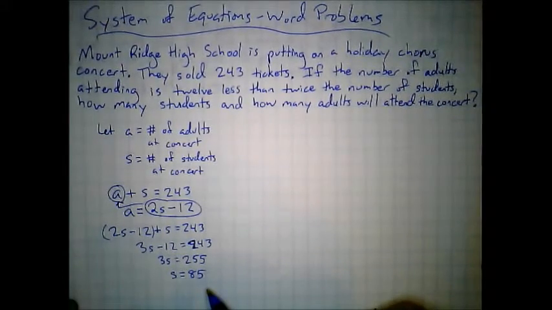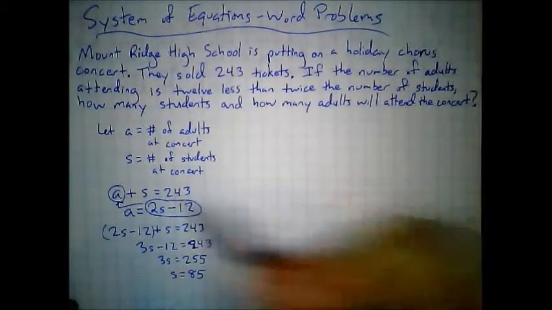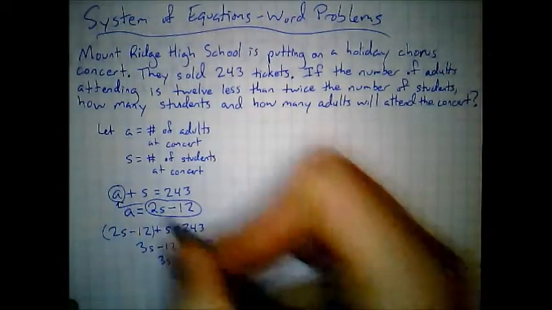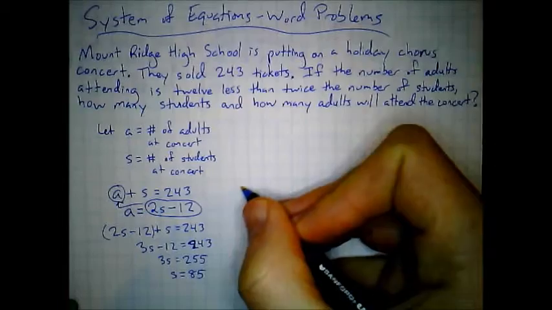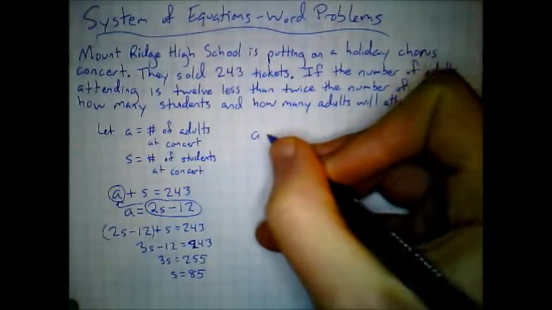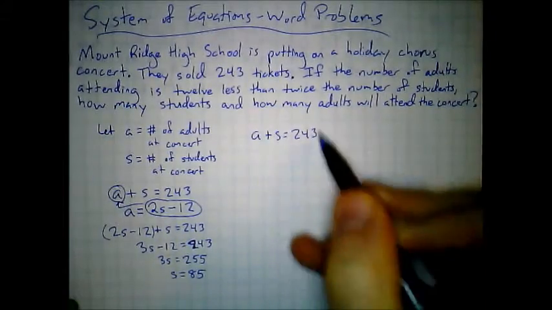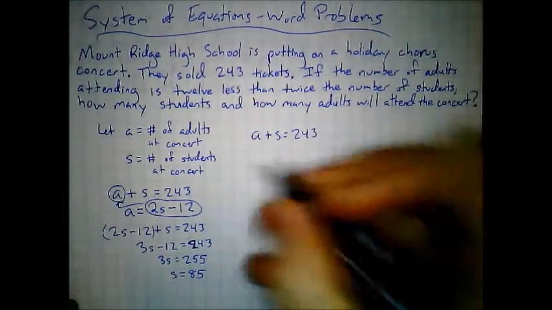Okay, we know 85 students attended the concert and 243 total people attended the concert. So when we substitute 85 back into this first equation, A plus S equals 243, the total number of people at the concert is 243.